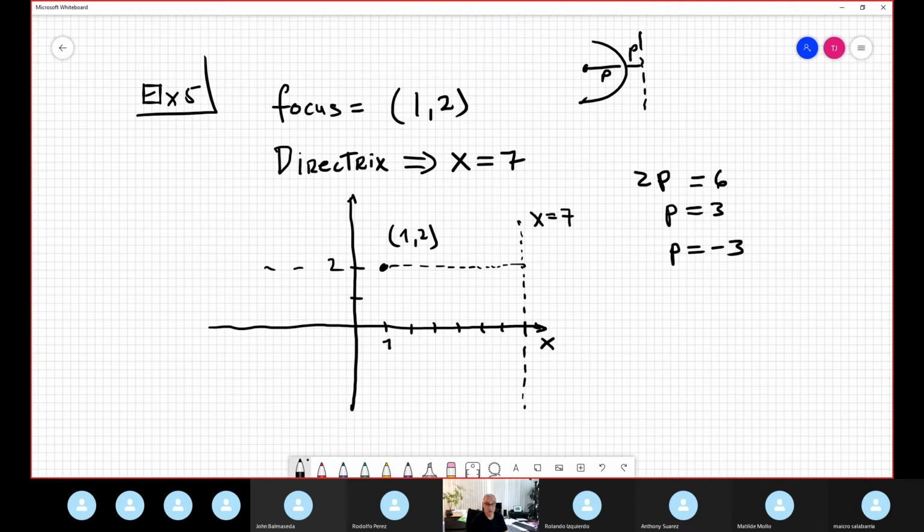I suppose this is my axis of symmetry, the line y equals 2, and the vertex lies exactly in the middle. Here, 1, 2, 3, is 4, no? So the vertex is located at the point 4,2. Here is the vertex. And my parabola opens in that direction. I don't know exactly how, because I don't know the focal diameter, but at least I have one reference.